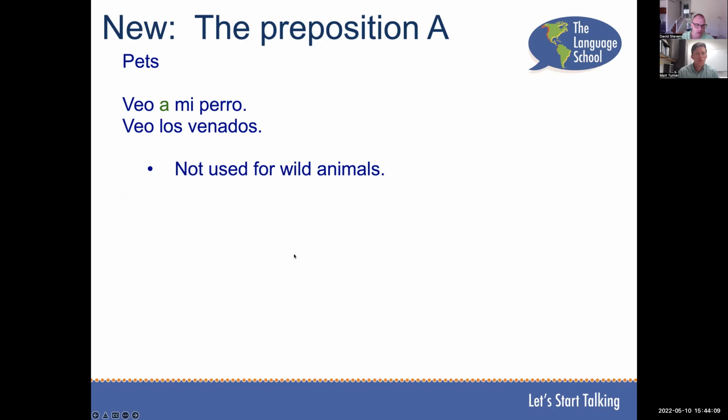Okay, so finally, pets get personified, which means you need the personal a with a pet, like veo a mi perro, but you do not use it with wild animals, like veo los venados, the deer.